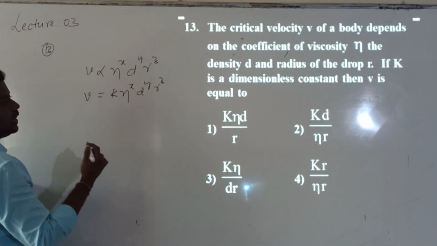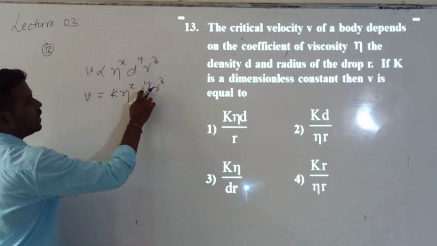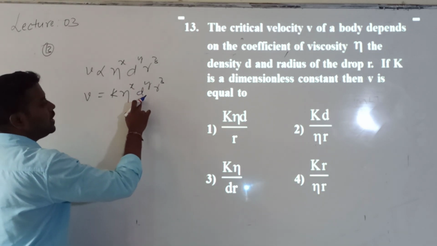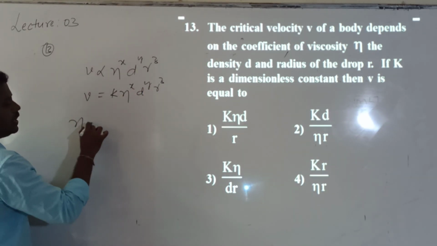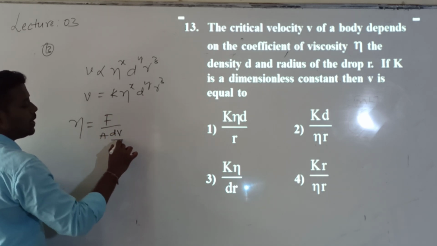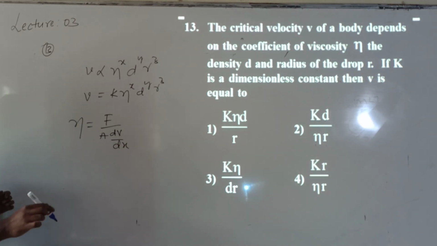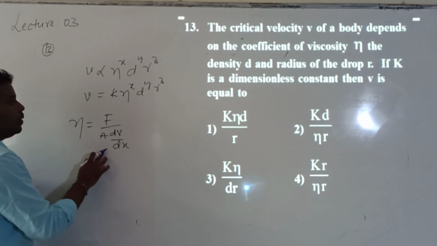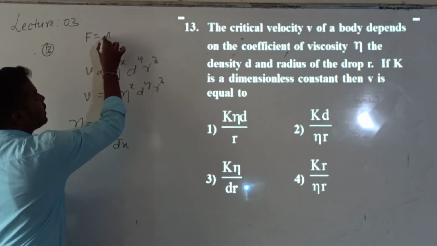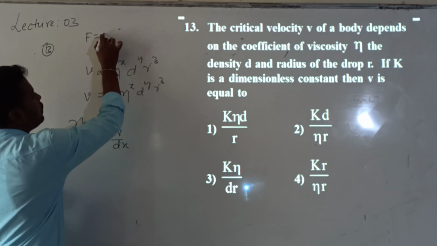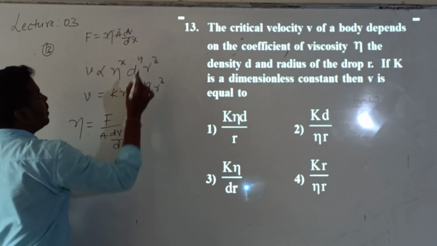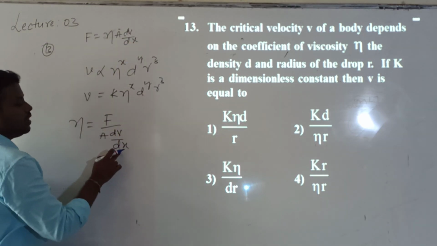Right? So for finding the x, y and z values, you need to write the dimensional formulas. Density you will write easily, radius also easily, but for the coefficient of viscosity, according to Newton's law, F by A is equal to eta into dv by dx. To write the dimensional formula, you should know the required formula. According to Newton, F is equal to A into eta into dv by dx, the viscous force between two adjacent layers of a fluid.